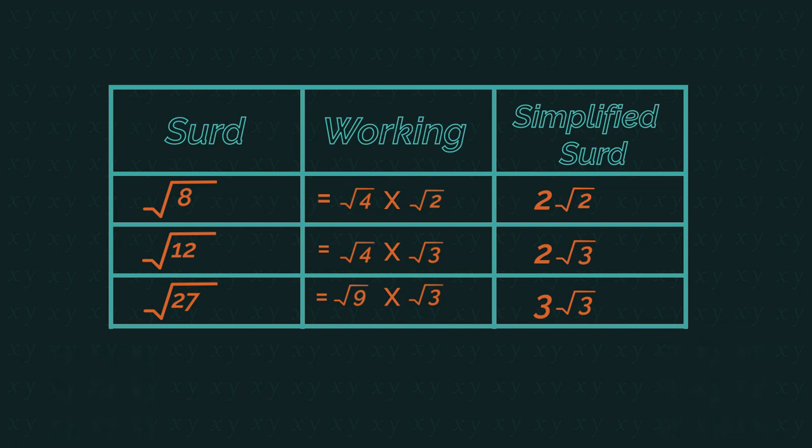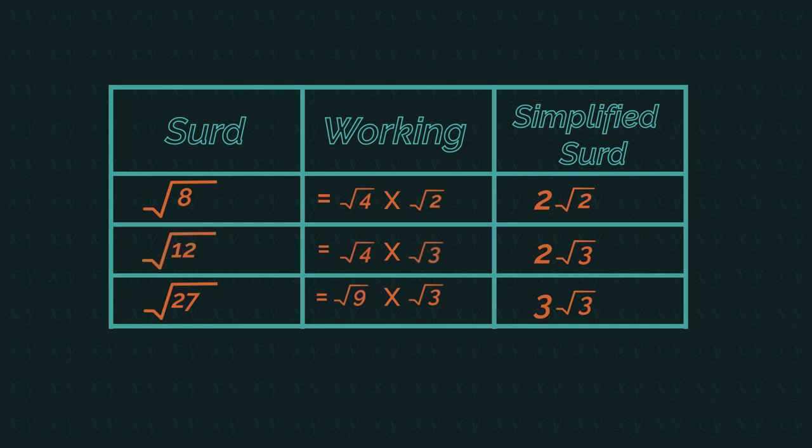Did you notice how when doing the working, we look for a square number that goes into each surd, and then what it multiplies by? So root 4 is the square number, multiplied by 2 makes 8. Again, root 4 is the square number, multiplied by 3 makes 12.